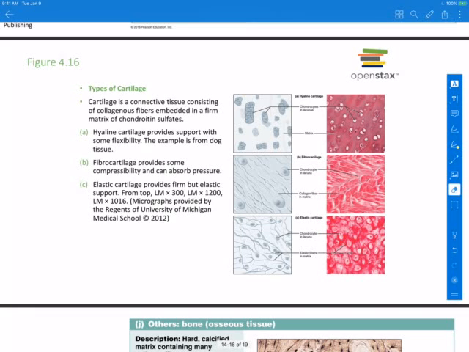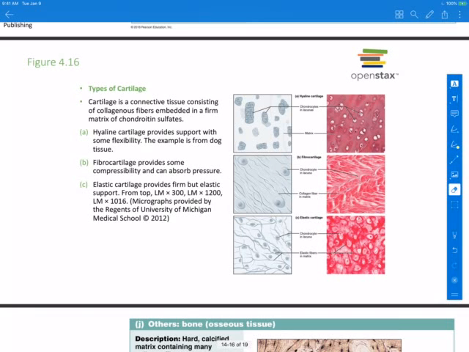It's the most common type, and it's found at the ends of all of the bones. And it's often referred to as articular cartilage. It's amorphous, even though it has a firm matrix. Lots of collagen fibers form this sort of imperceptible network.